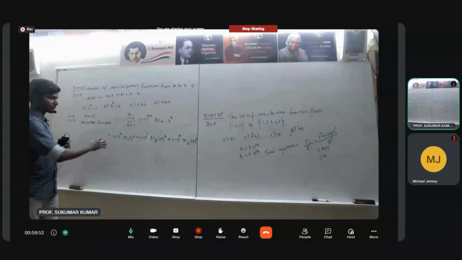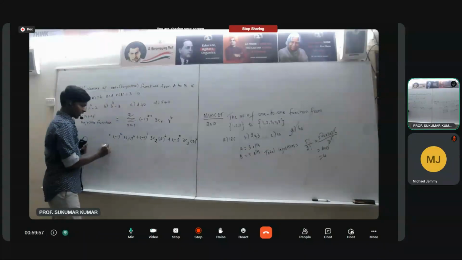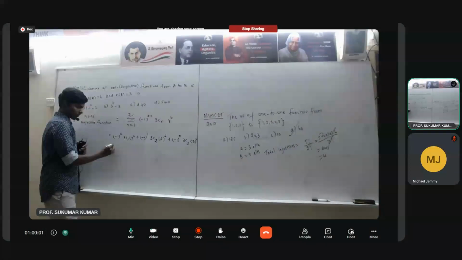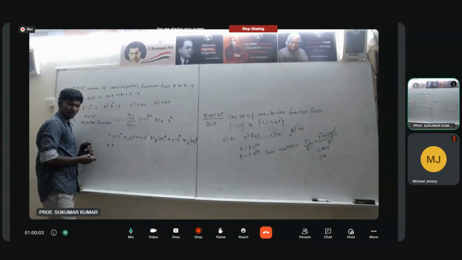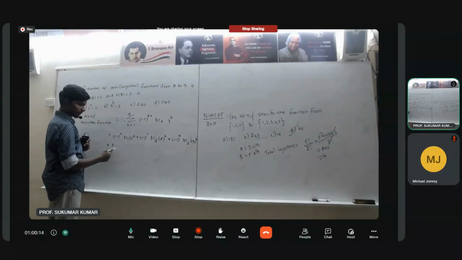Got it? So 3 is enough now. Minus 1 to the power 2 will be 1, and we have 3C1, which is 3. You have studied permutations and combinations, sir has already taken it. 3C1 means 3, and 1 power 6 is 1 only.